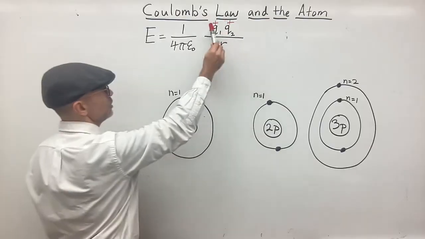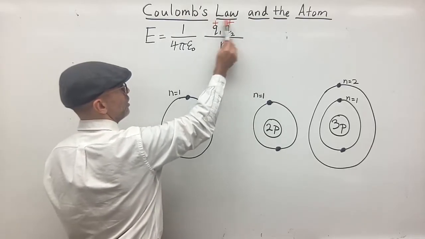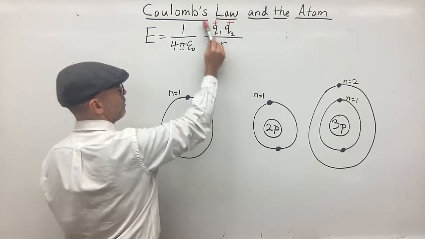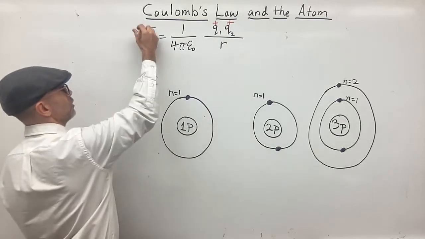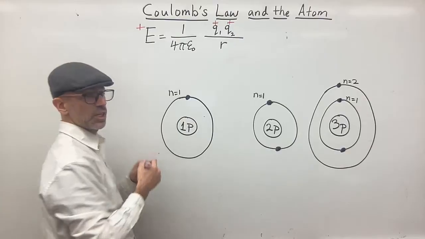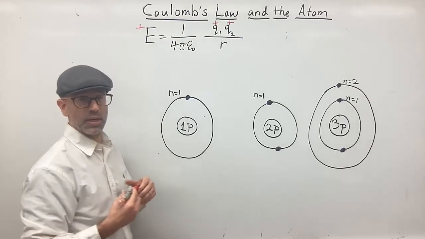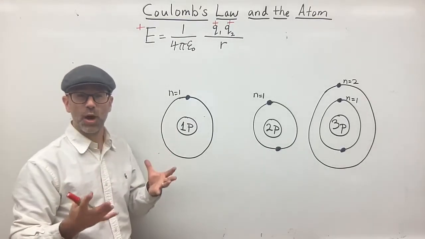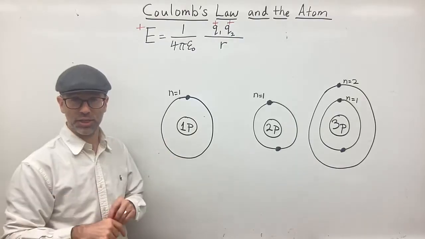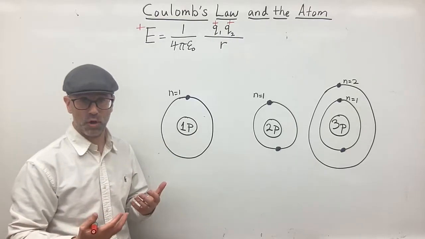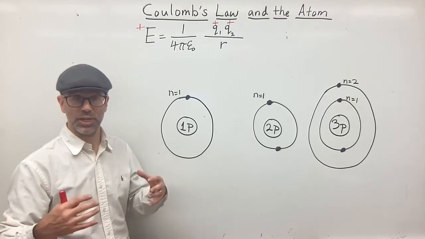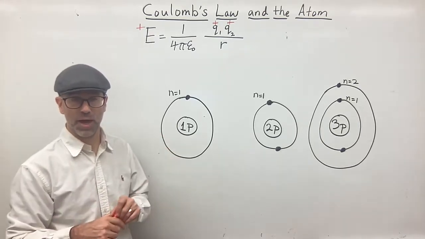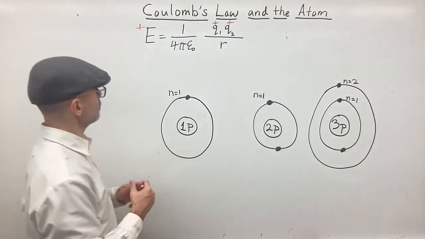So first, we notice that if I have a positive charge multiplied by a positive charge, then that's going to make the potential energy positive. Nature wants to have low potential energy, and that goes the same for anything in the atom. So the atom itself is trying to reach the lowest potential energy possible.